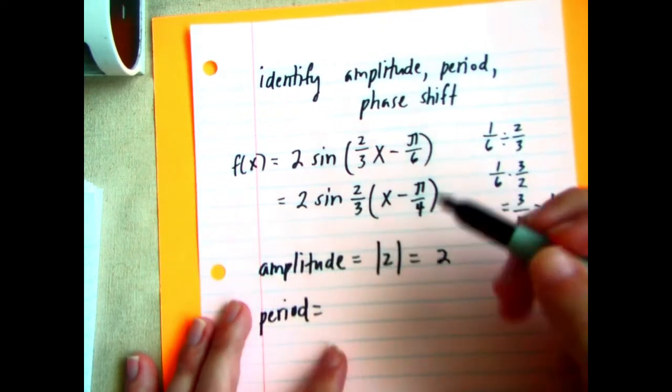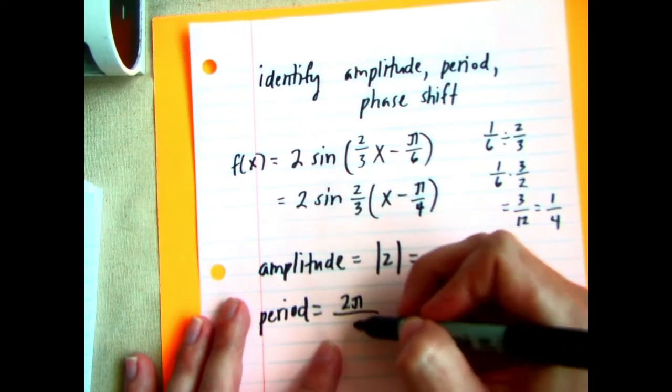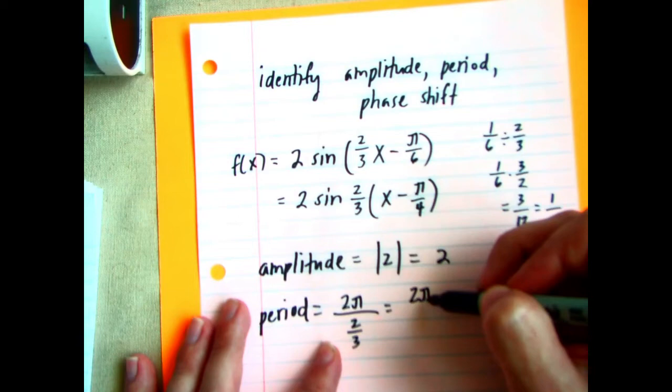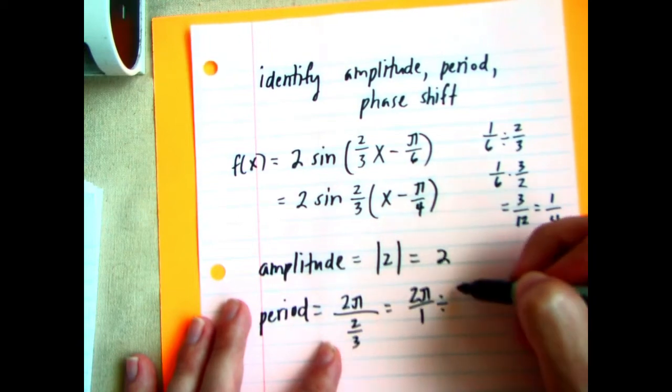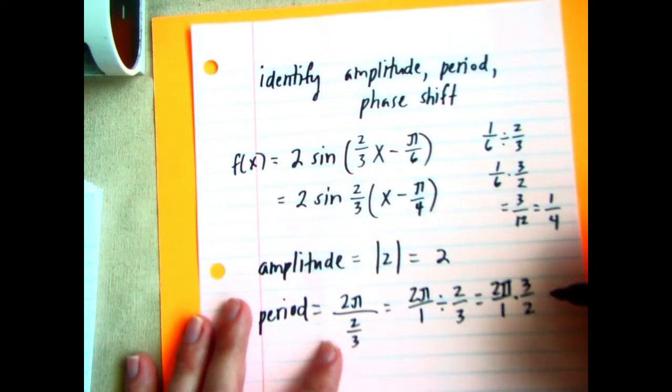My period is 2 pi all over 2/3. So that has to be reduced here. 2 pi over 1 divided by 2/3 is going to result with 3 pi. So my period is 3 pi.